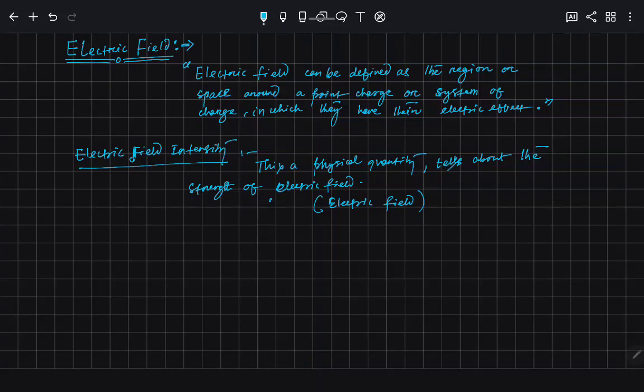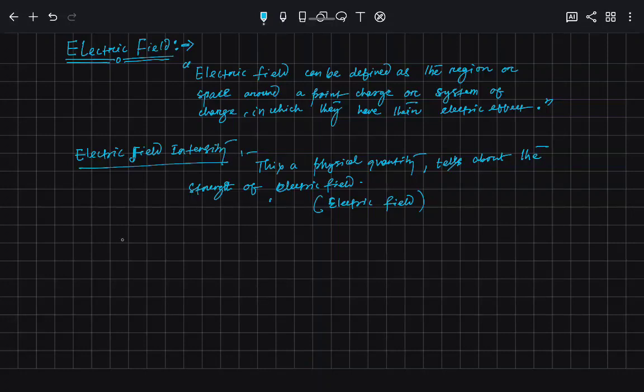Now we will define the electric field intensity due to a system of charges or point charges. How much it is quantitatively, and how it depends on the distance or charges, we'll see all these things.